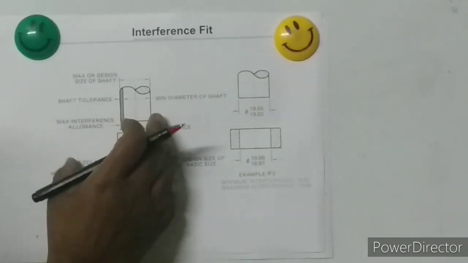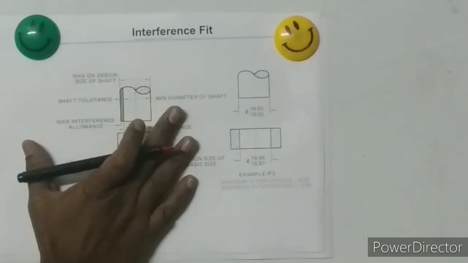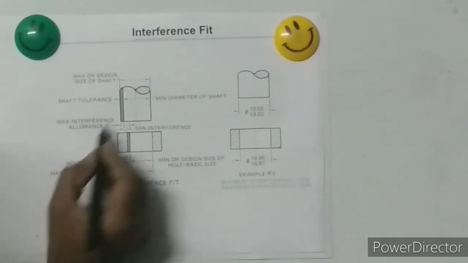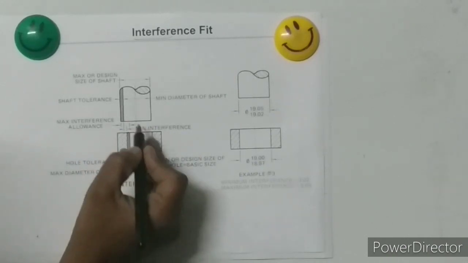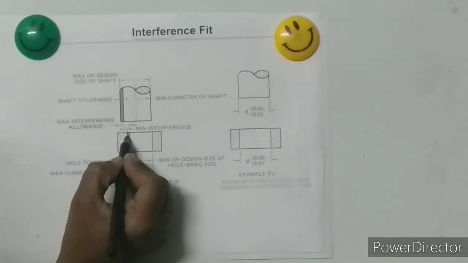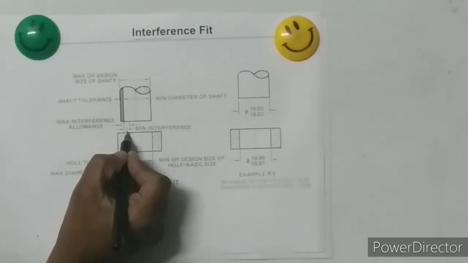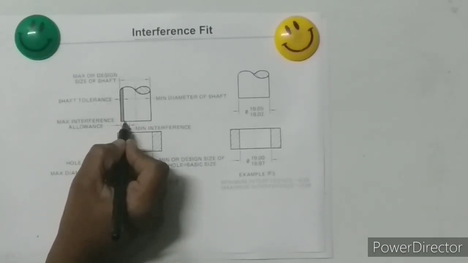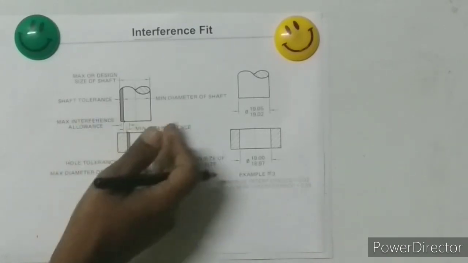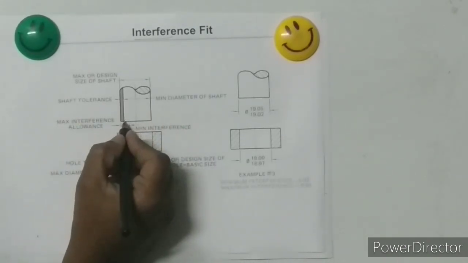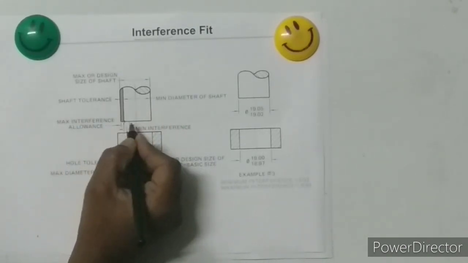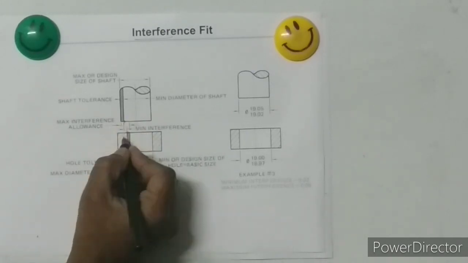Just look at the figure. In this figure, the upper limit of a hole is less than the lower limit of a shaft. The upper limit of a hole being less than the lower limit of the shaft is called interference. Or if you want to say it the other way, the maximum size of the shaft is greater than the minimum size of the hole.